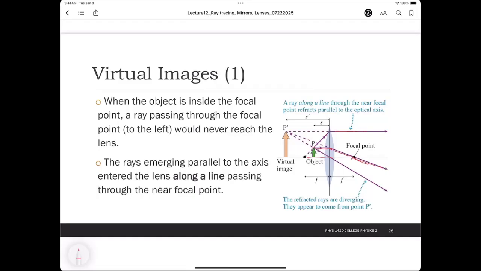Does it make sense to you? So this is a virtual image: when the object is inside the focal point, those rays will never reach the lens, and the rays emerging parallel to the axis enter the lens along the line passing through the near focal point.